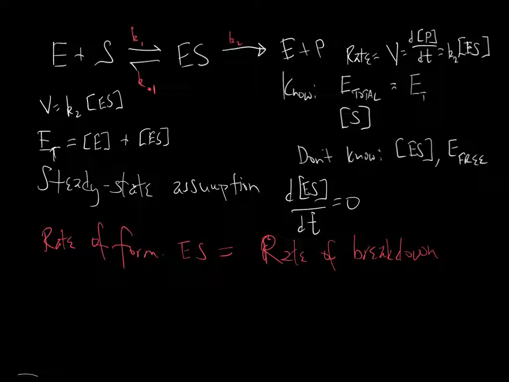Which kind of makes sense. That's why it's called steady state. Just as quickly as you form it, you break it down. So apparently it looks like it's not changing. In reality, it's dynamic. But just as quickly as you make it, you break it down.